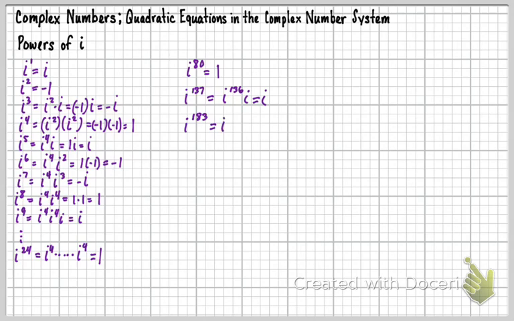So I'm just going to write i to the 180, which is closest to 180 without going over another 4. So that would be i to the 180 times i cubed. So then this is going to end up being 1 for this piece, because that's a multiple of 4. And then i cubed is -i. So this is going to end up being -i. So that's just dealing with the powers of i.